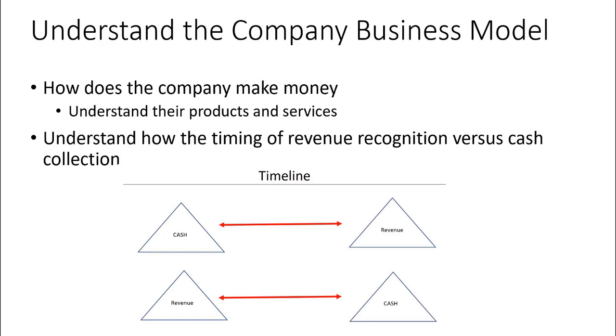Now, how do we do this? There are several different ways to go about it. One thing you want to do is to understand the products and services of the company. Most companies are easy to understand. For example, we know that a coffee company sells coffee. However, if you have studied Enron and their collapse, you will find that people had a hard time understanding their products and services.